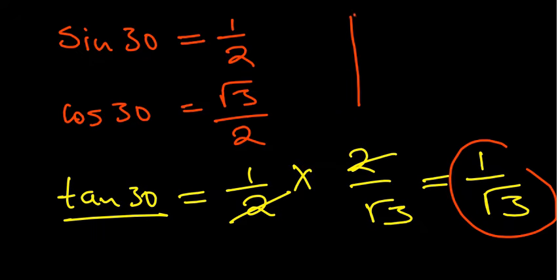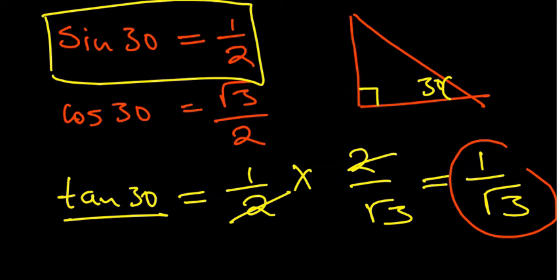From that special triangle, just in case you've forgotten, students, this is 90. If this is your 30, you can use sin theta to remember, because SOHCAHTOA tells you sine means opposite over hypotenuse. So your opposite is 1 and your hypotenuse is 2.